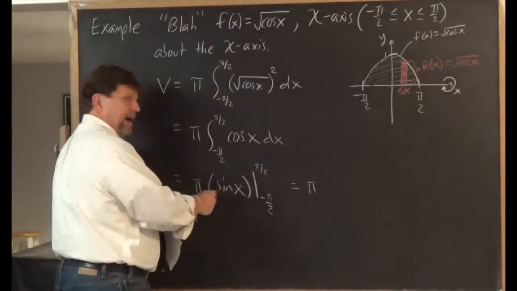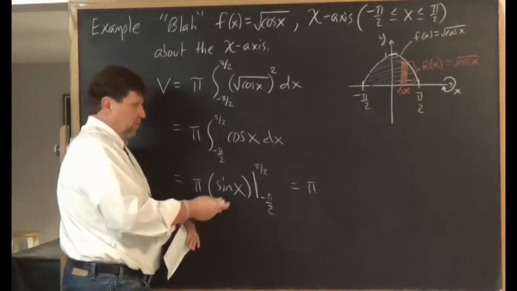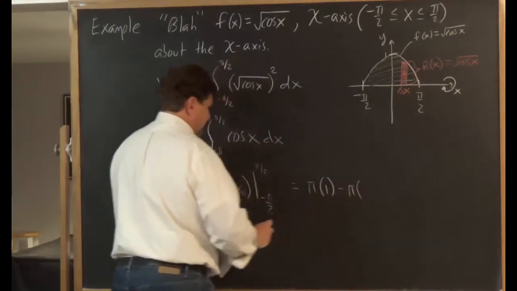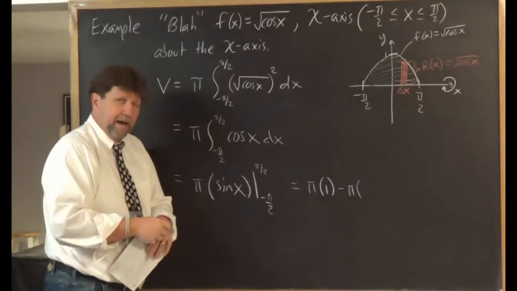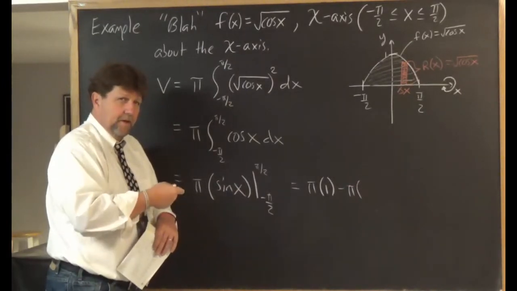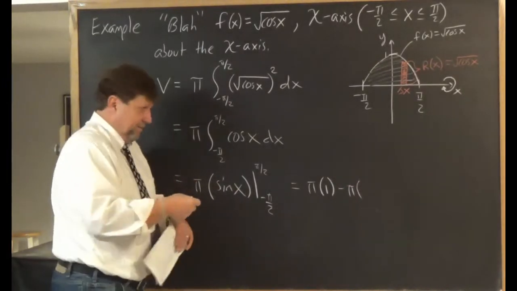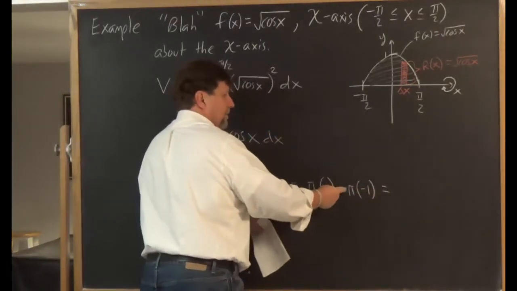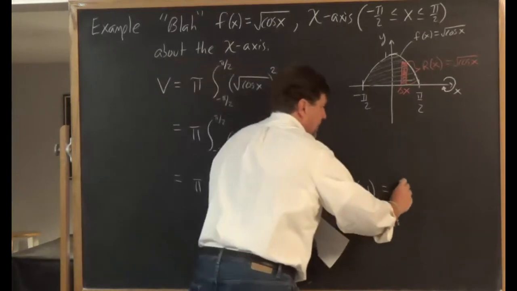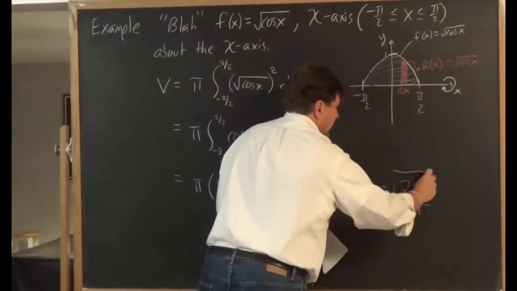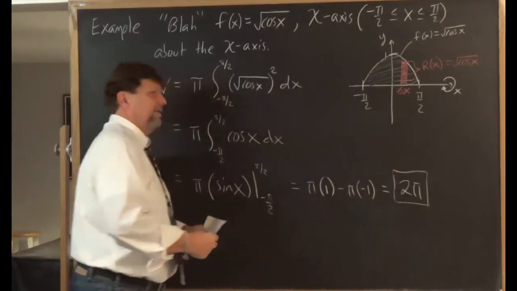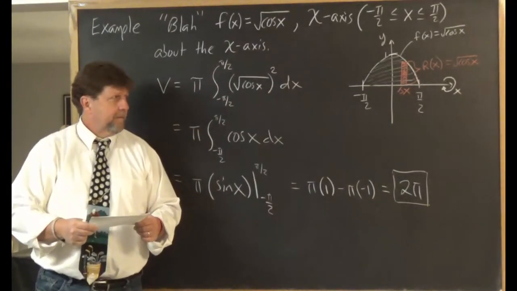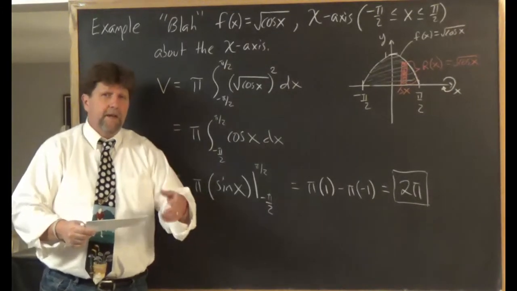Okay, the sine of pi over 2 is 1 minus pi, the sine of negative pi over 2, so I'm thinking the unit circle, sine of negative pi over 2 is negative 1. So we have pi minus negative pi, pi plus pi, 2 pi. So that volume would be 2 pi. Yeah, I know, cubic units. So I'd like you to practice another one of these.